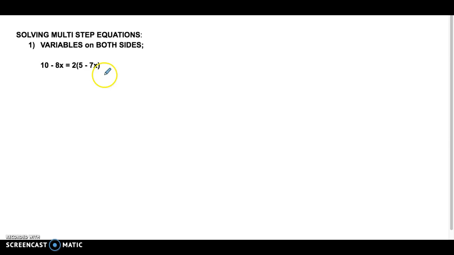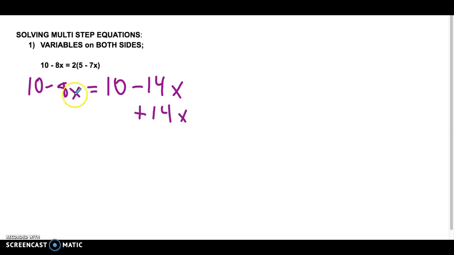Now let's solve this equation. So no fractions, yay. No decimals, yay. But we do have to distribute. So let's distribute. We get 10 minus 8x equals 10 minus 14x. So let's add 14x to both sides. And I always try to line up my equal sign so it's the left side and right side of the equation.